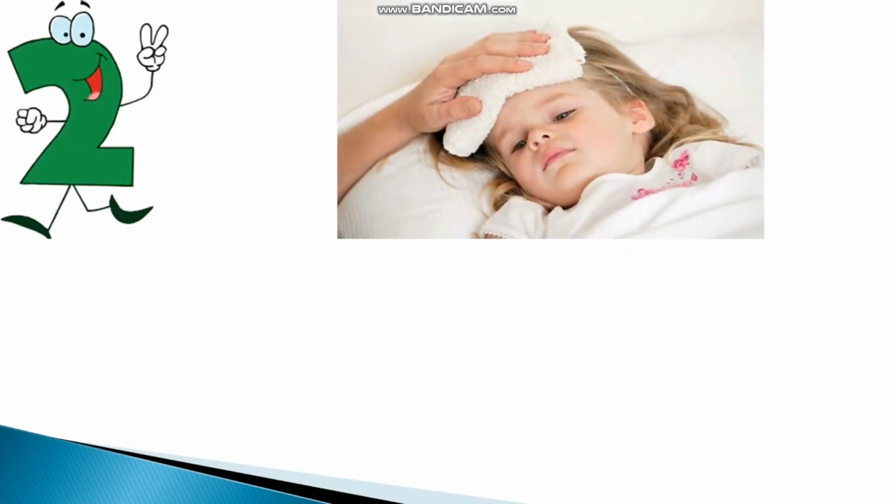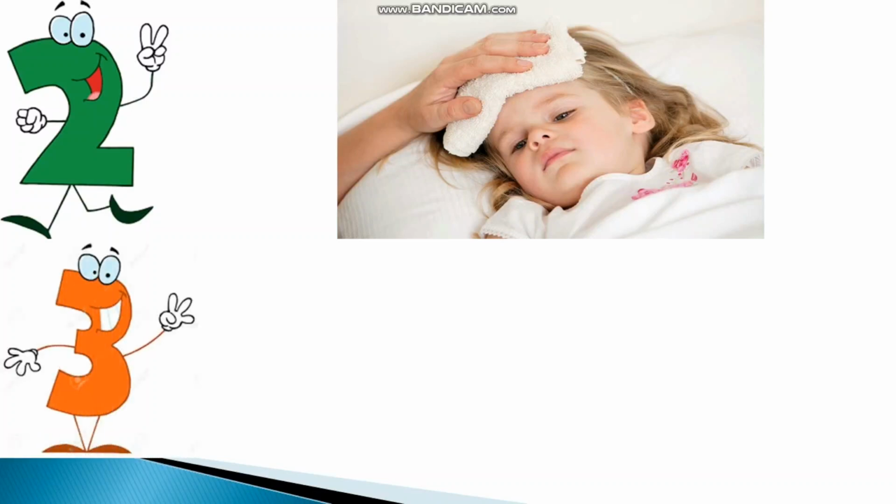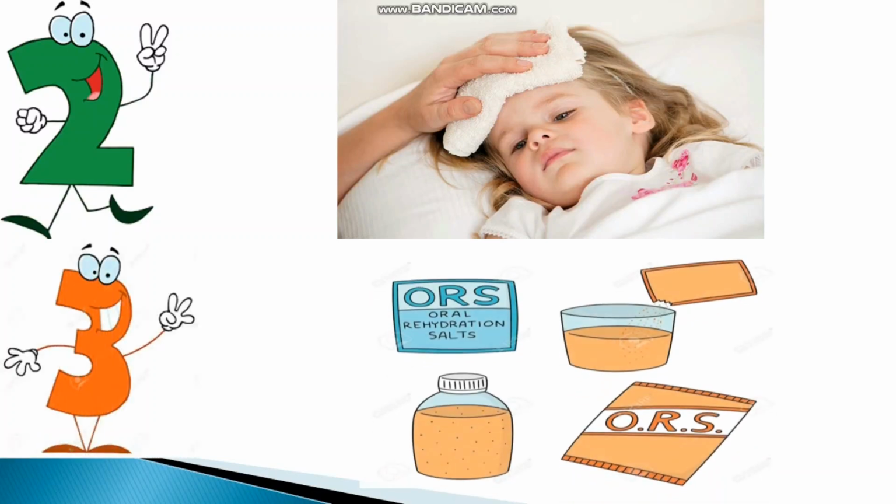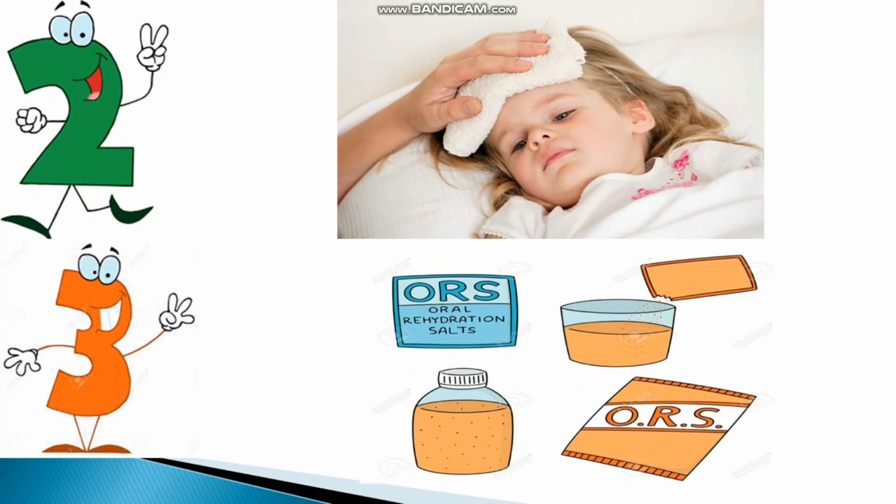Second, apply a cold sponge on the person's body and head. Third, give the victim oral rehydration solution to prevent dehydration. So these are the 3 things we need to do if a person is suffering from heat stroke.